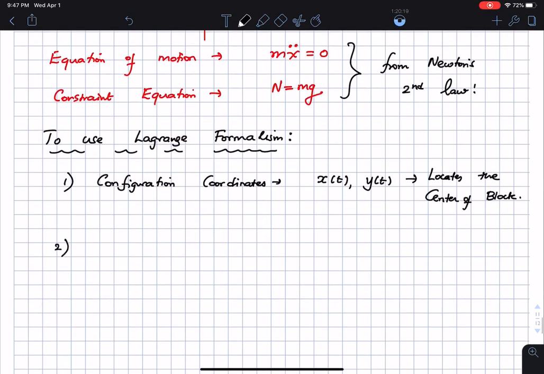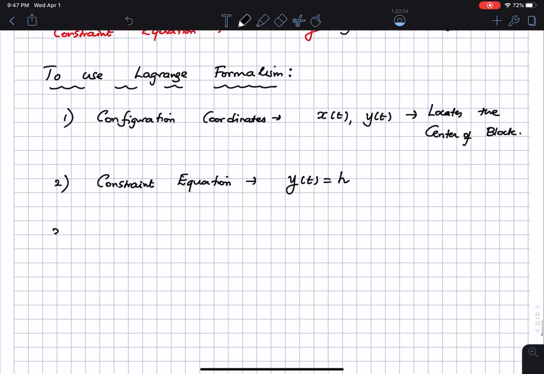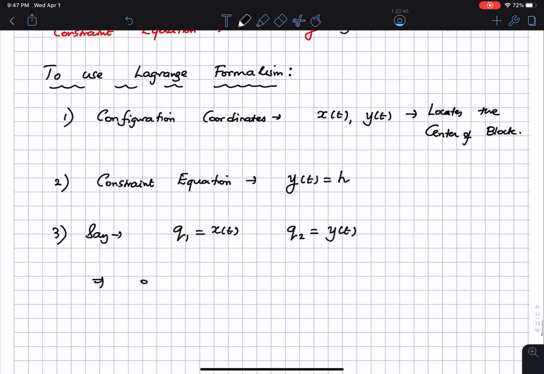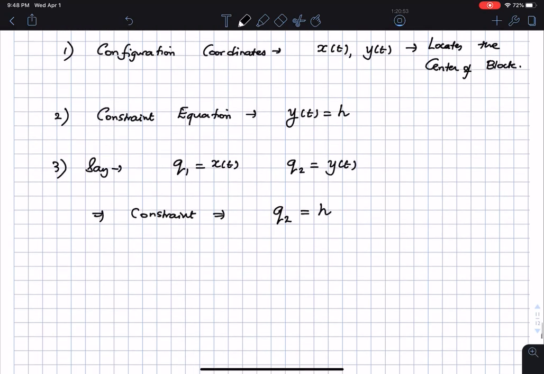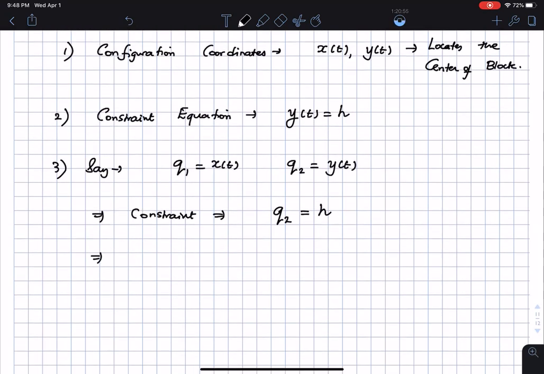Then the second thing we write is, what is the constraint equation? This is y of t is equal to h. This is a holonomic constraint. So here is what I'm going to say. Say that q1 is x of t, q2 is y of t, which means that the constraint is q2 is equal to h, which means I want to write this in the Pfaffian form.